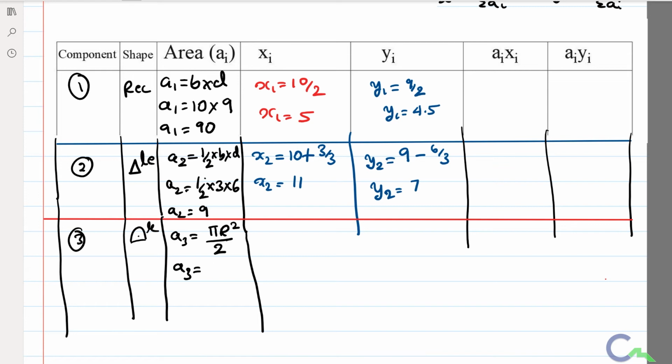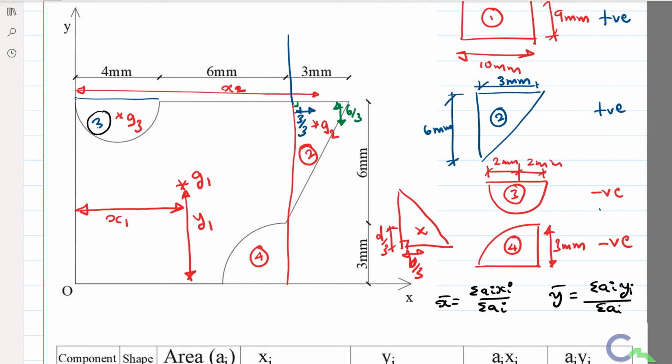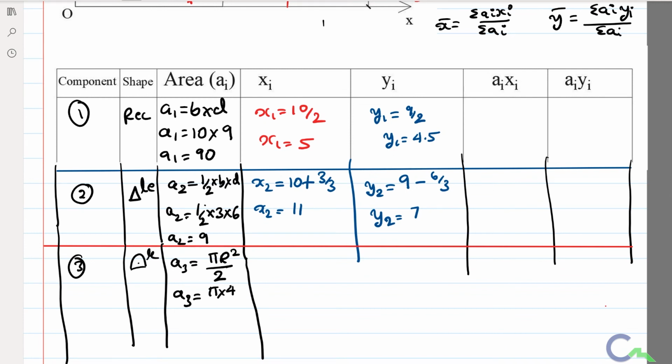Therefore A3 is equal to pi into r, where r is the radius of the circle. The given diameter is 4 mm. Therefore radius is 2 mm. Therefore pi into 2 square divided by 2. Therefore A3 I will get, but it is a negative value because it is overlapping on the rectangle.